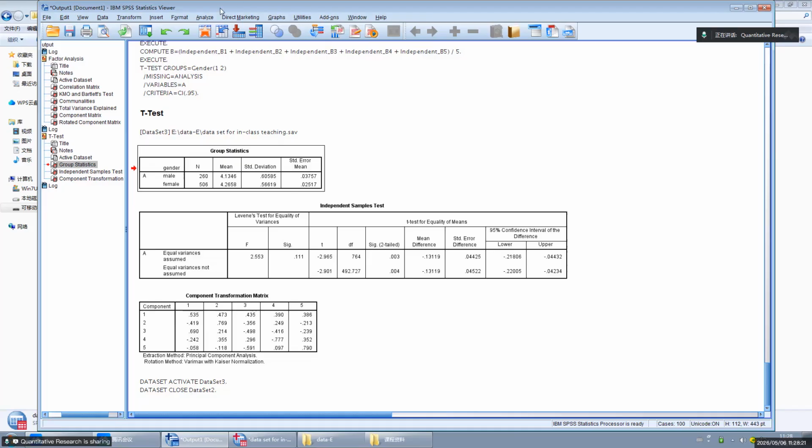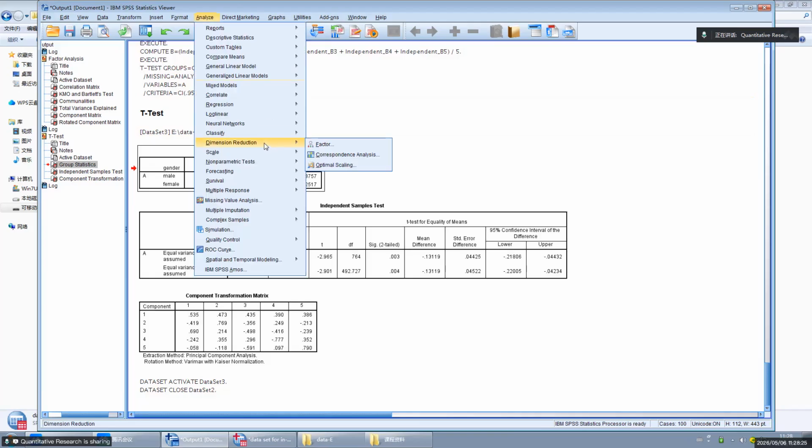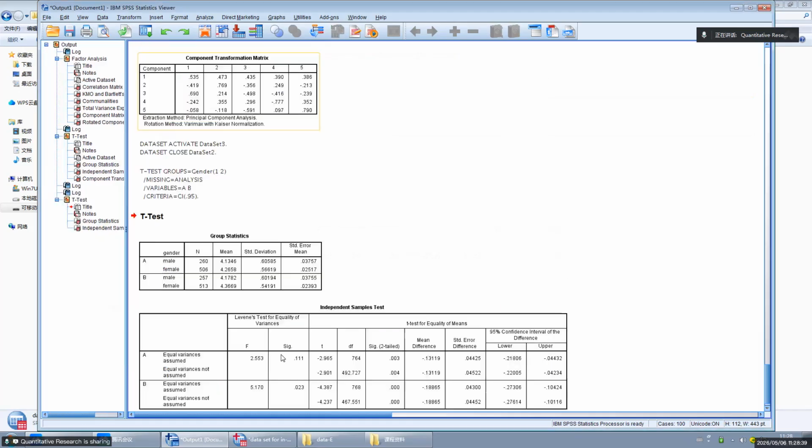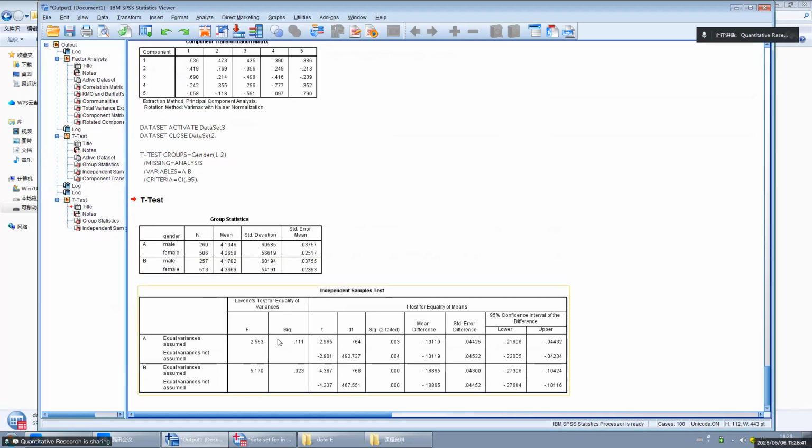Let's try B. I put B in here. You can compute the variables together.